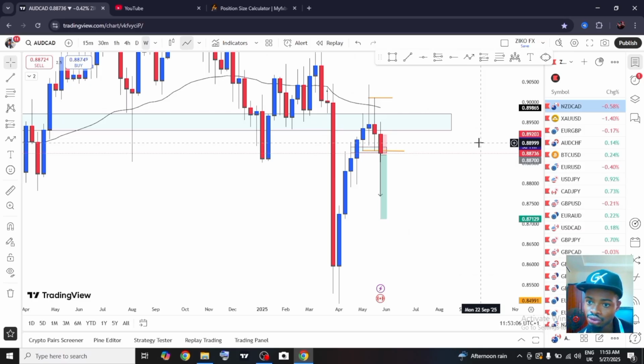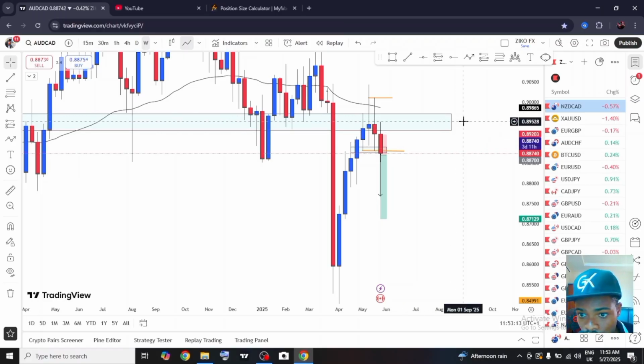If I'm a big bank, I'm not going to close at 0.9488. No, it's just too many figures. I'm just going to close at 0.89500 or 0.90000. Do you understand? 0.89500, anything ending in 500 or 1000, all these whole numbers, right?